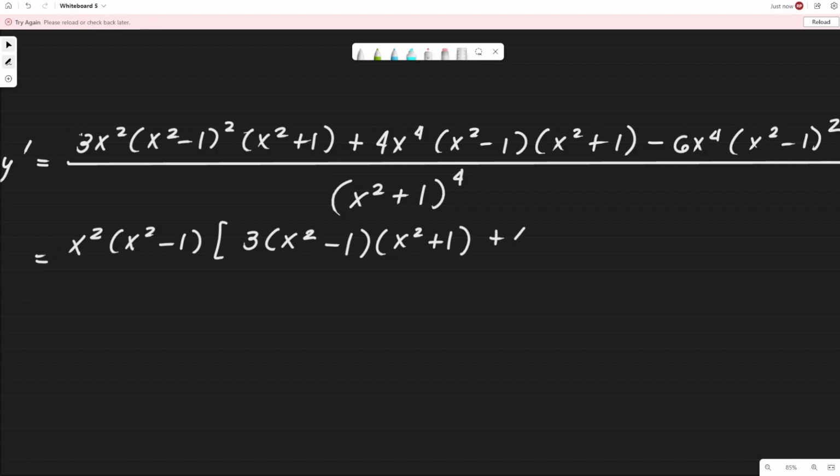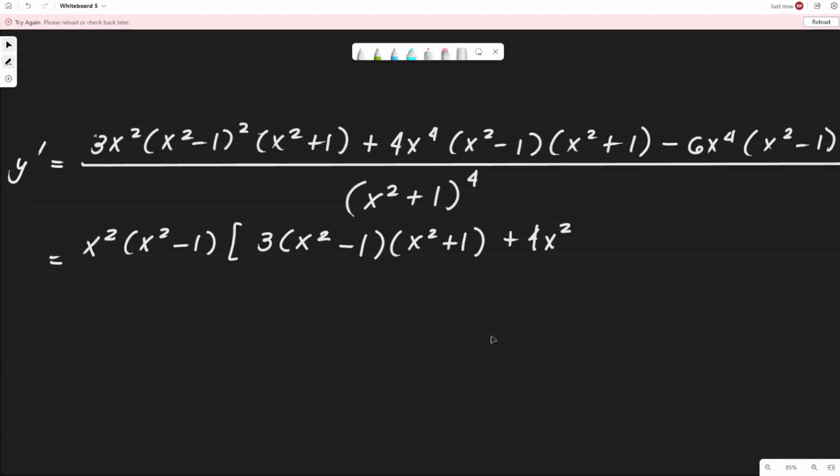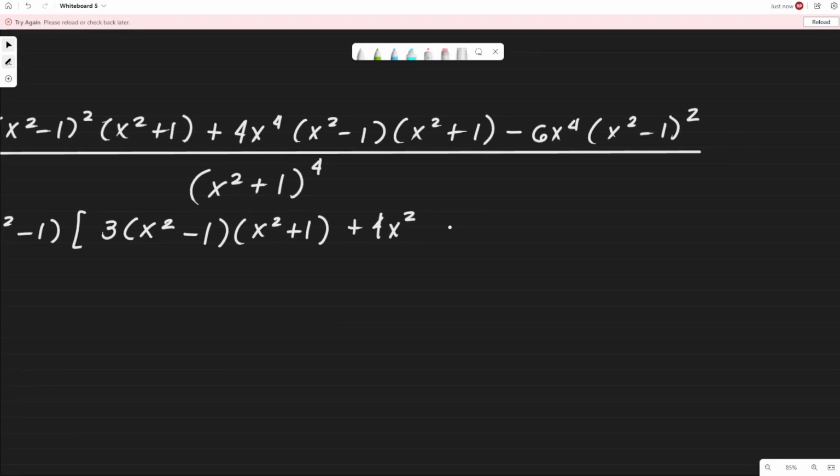then plus 4x squared times... Nalabas ko na yung isang x squared, I mean yung x squared minus 1. So, x squared plus 1 na lang to.